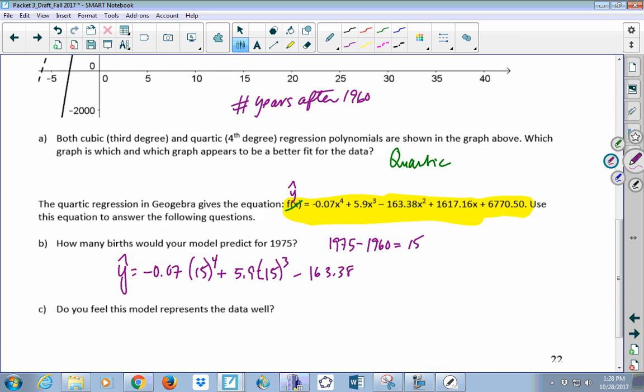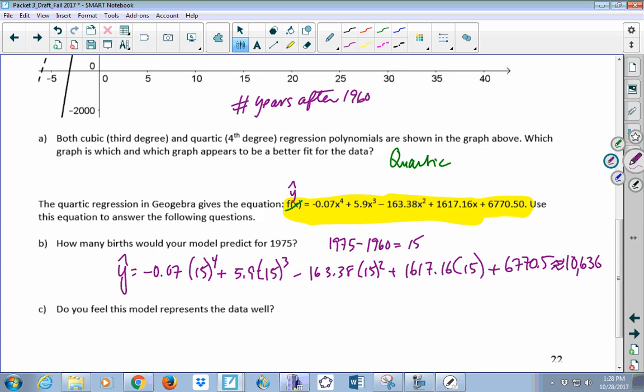So take a few minutes here and do that. And when you run that through your calculator, you will get about 10,636 births. About, I'm going to put approximately.